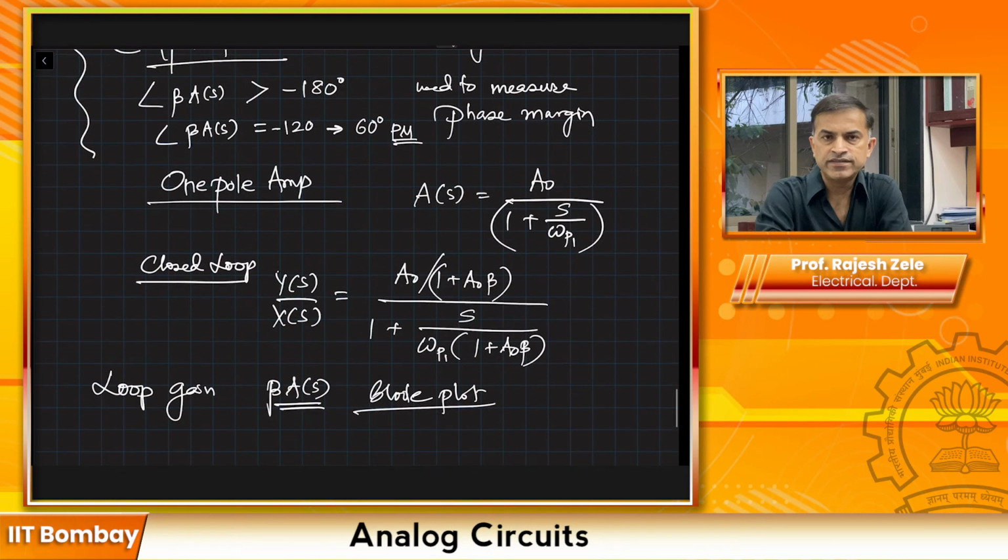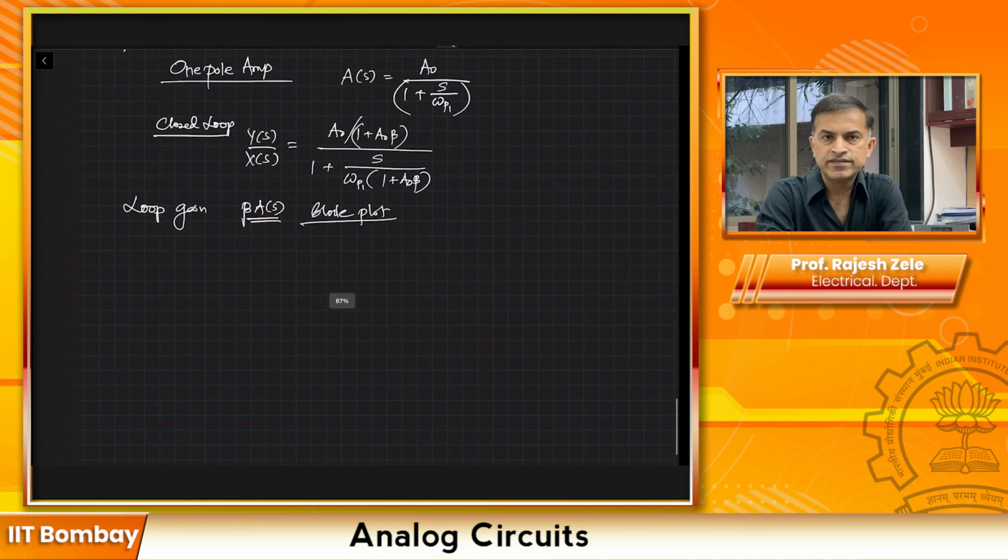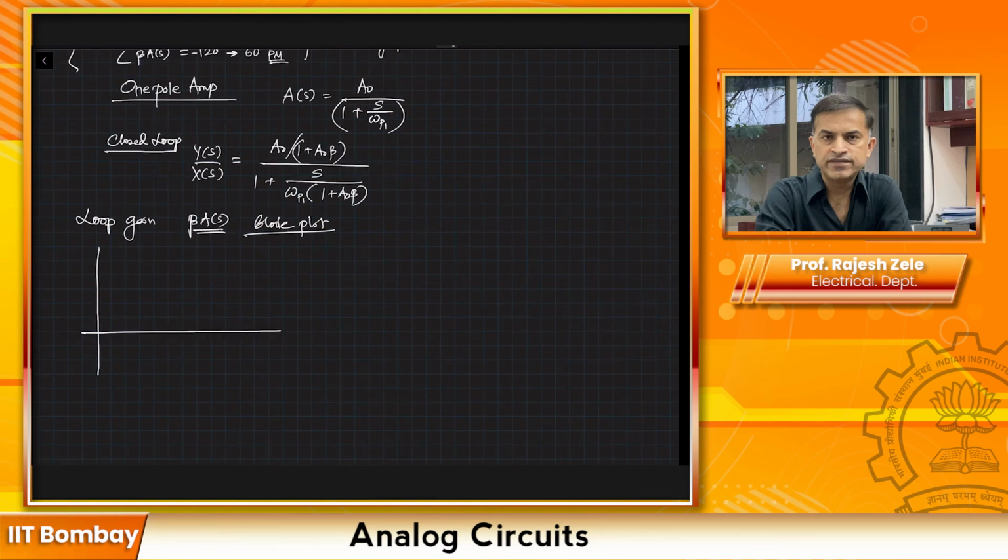So in this particular one pole example, what would beta times A of S look like? Bode plot. I'm going to draw that and then it will become very clear. We are plotting the Bode plot of beta times A of S, so we are plotting 20 log of the magnitude of beta times A of j omega, and on the x-axis we have omega, frequency.